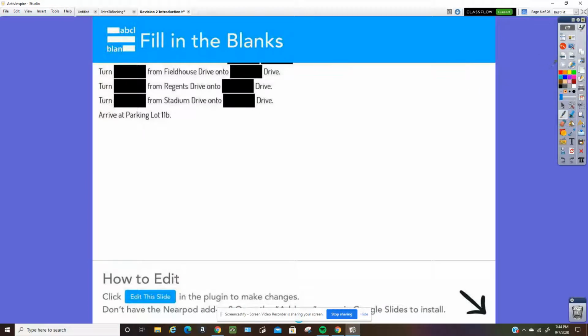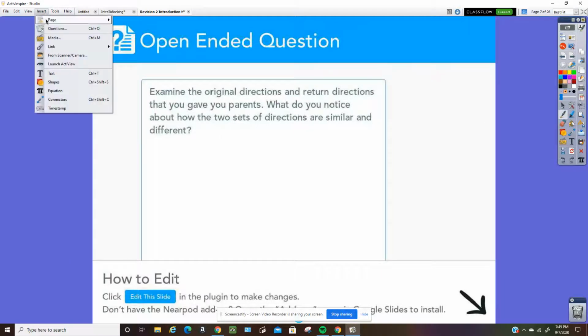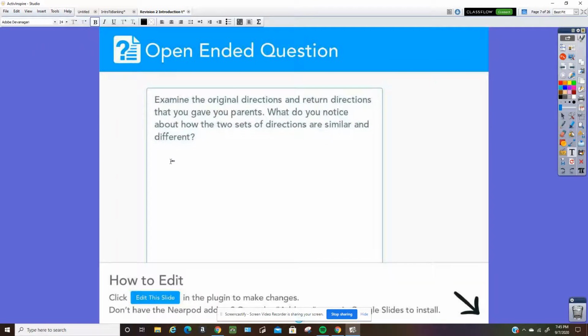And then a fill in the blank slide showed up where you had to drag the lefts and rights into the right spots there. So if you examine the original directions and return directions that you gave your parents, what do you notice about how the two sets of directions are similar? So let me go ahead and insert text here.